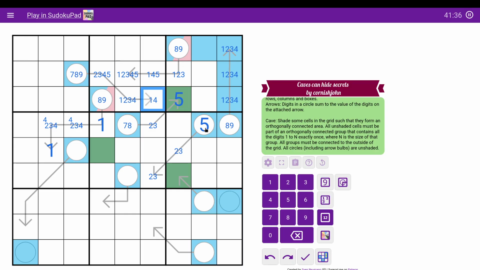Where's the contradiction hiding? This cell has to be 1 through 4. It sees 2 digits that add up to 2, 3. It is a 1 or a 4.